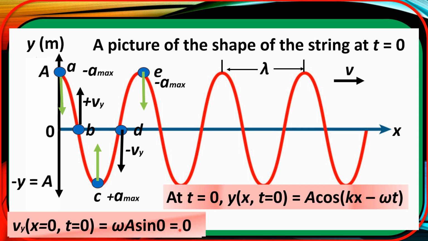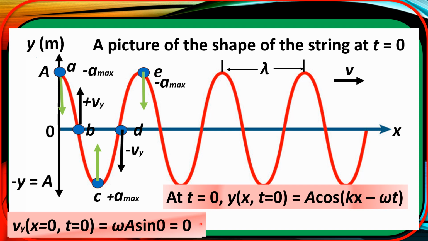So it agrees with our earlier description that the instantaneous velocity of a particle at the maximum displacement, such as particle A, particle E, and particle C, is zero: these particles have the transverse velocity v sub y equal to 0.